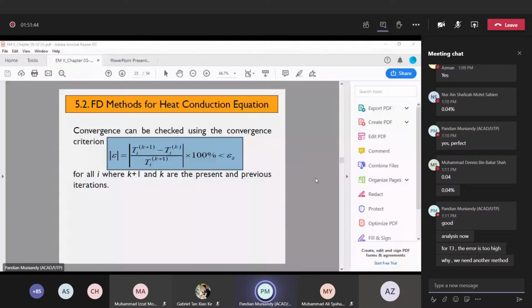So Gauss-Seidel, you already understood. Anyone got a problem in Gauss-Seidel, class? Anyone cannot understand Gauss-Seidel? Anyone? Not clear?